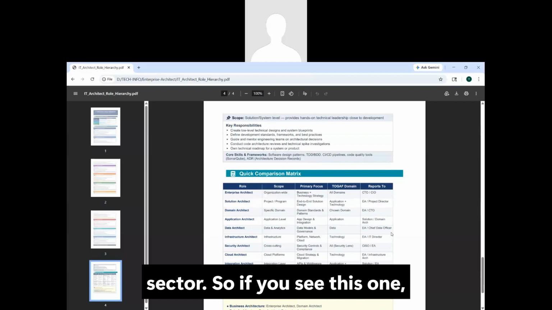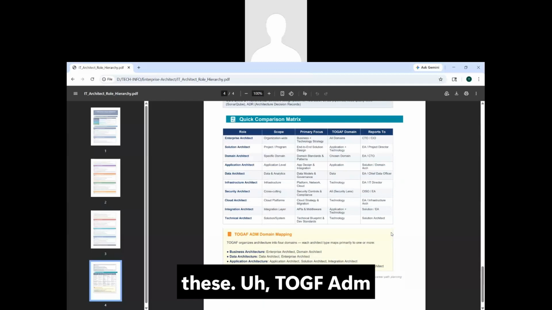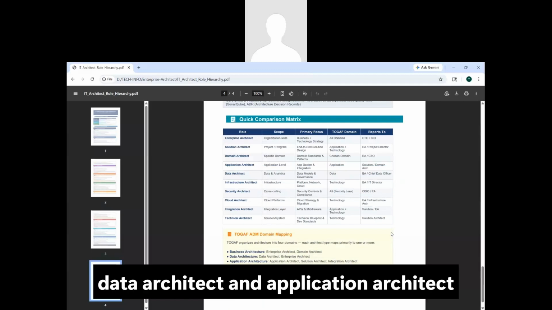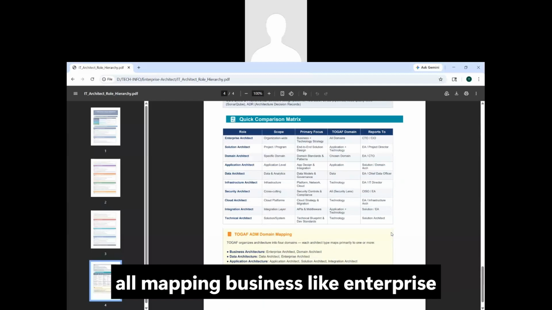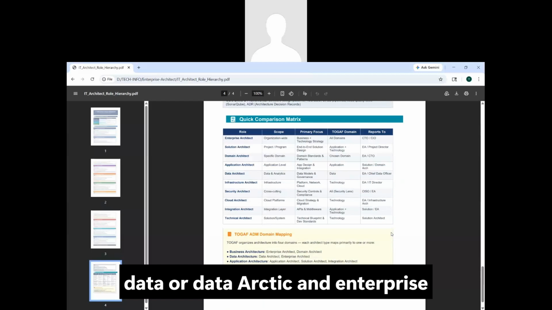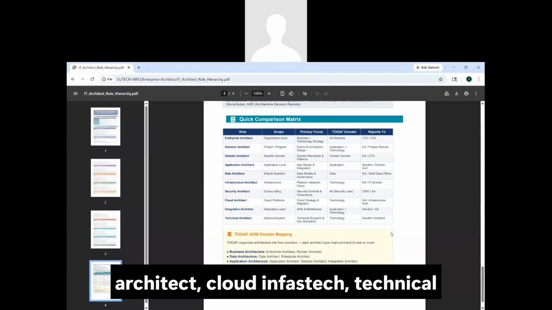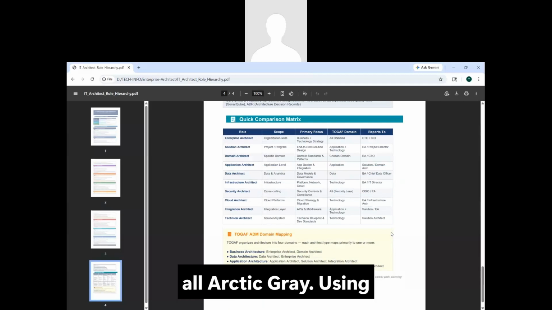If you want a brief overview, there is the TOGAF ADM domain mapping: business architect, data architect, application architect and technology architect. The mapping covers business, enterprise and domain architects, the data architect, the application, solution and integration architects, and the technology, infrastructure, cloud, technical and security architects.